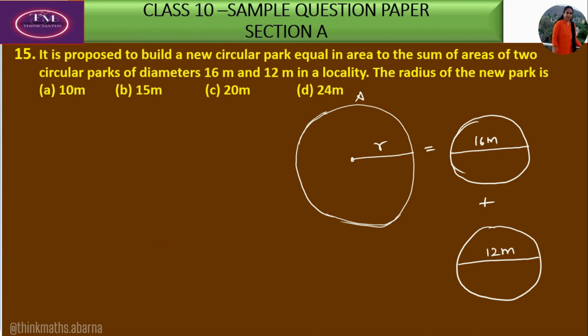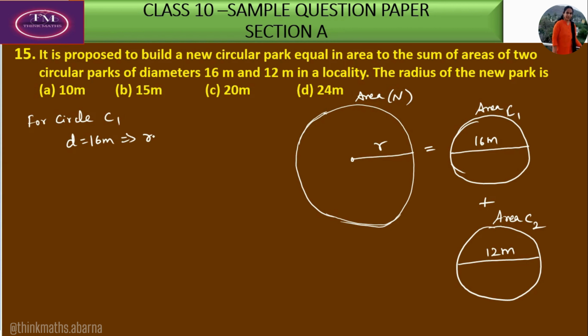So the new circular park area is equal to area of circle 1 plus area of circle 2. So area of the new circular park is equal to the area of the circular park C1 plus area of circular park C2. Now it is given that for circle C1, diameter D1 is equal to 16 meter.